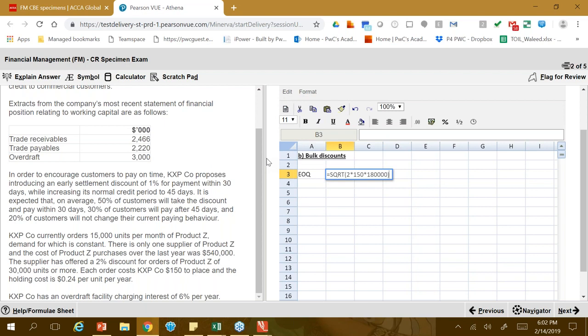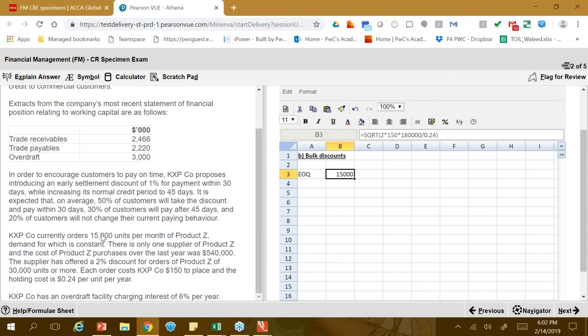And then over the CH, which is the 0.24. So 2 CO D over the CH gives us the thing within the bracket, and we take the square root of that, and that comes out to be 15,000.